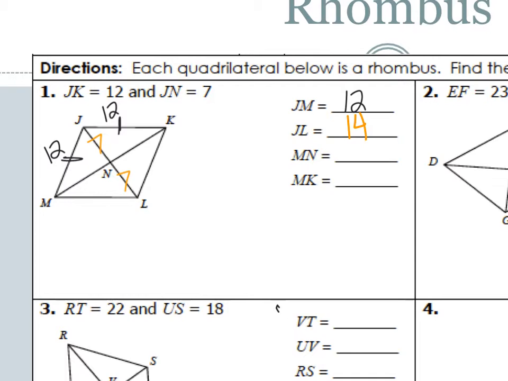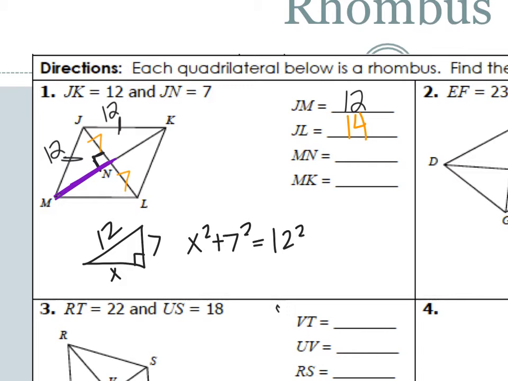So to solve for MN, because this is a rhombus, I know those are going to be 90-degree angles, so I need to solve for this purple side here. The only way to do that is the Pythagorean theorem. So if I draw that right triangle, 12, 7, and I need to solve for x. So x squared plus 7 squared equals 12 squared.